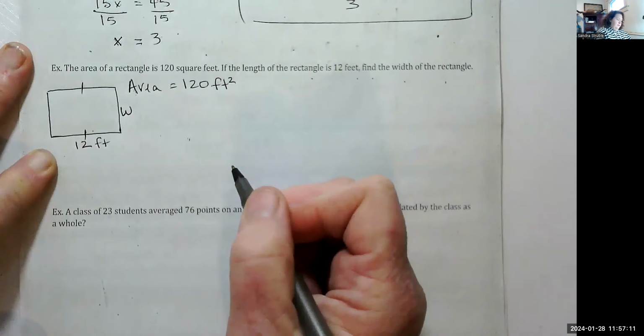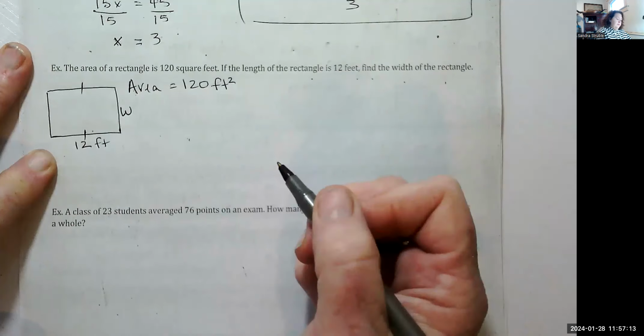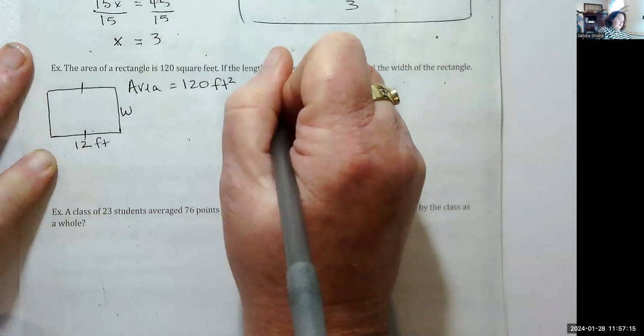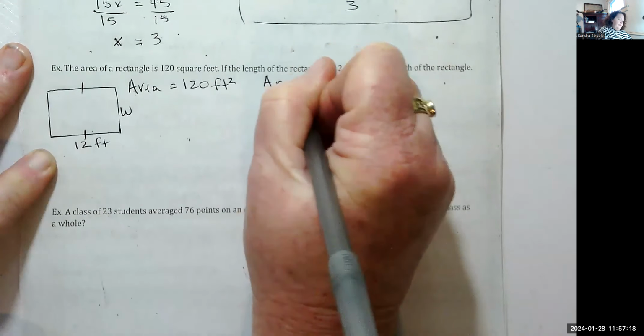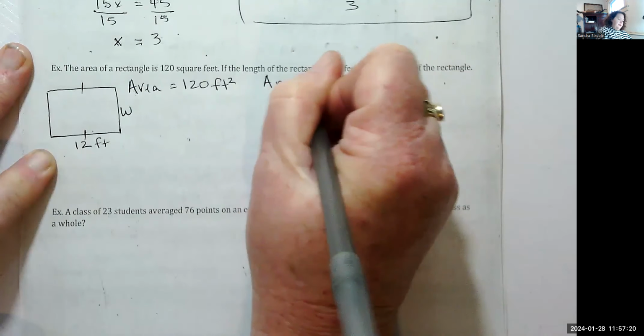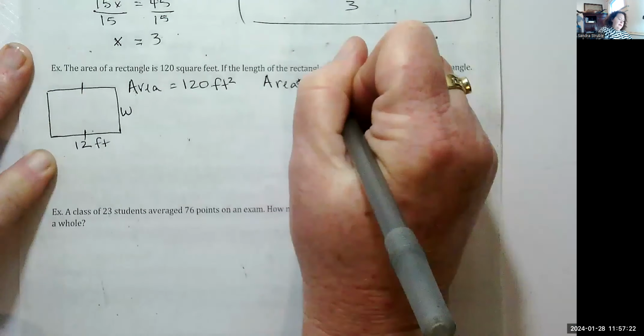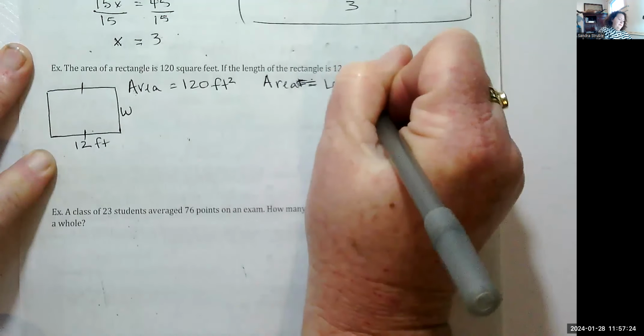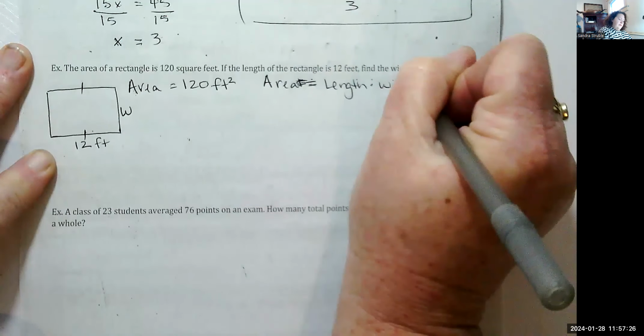Well, we need to understand with a rectangle that this side equals this side. Oh, it's area. So area for a rectangle is equal to length times width. A equals LW.